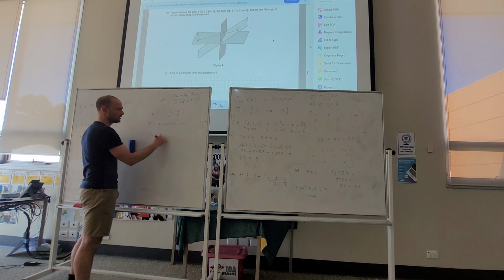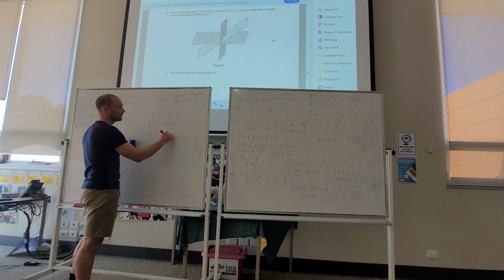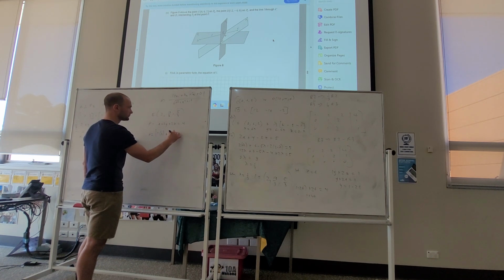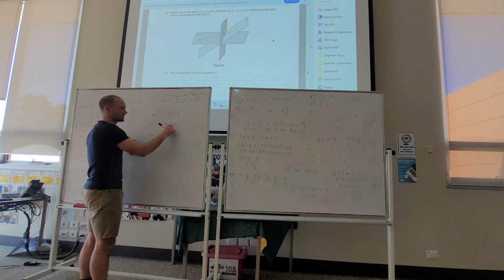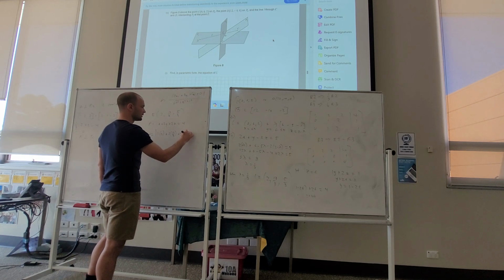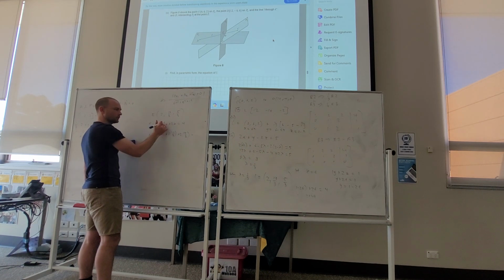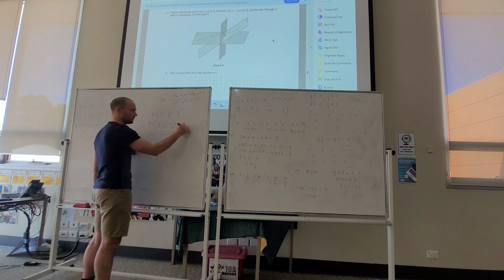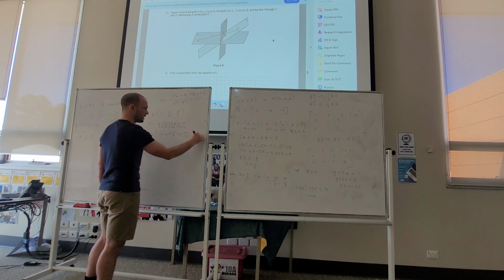So we have modulus of 1 times the x value plus 2 times the y value, and then plus 2 times the z value, and then when we move the d value over, right, x plus 2y plus 2z take 4 is 0, the d value is minus 4.